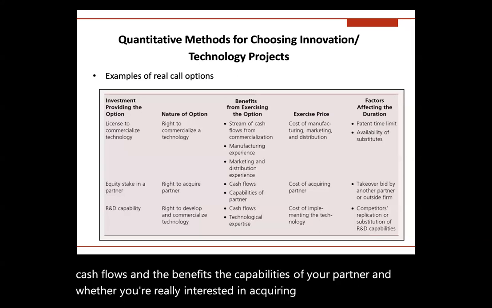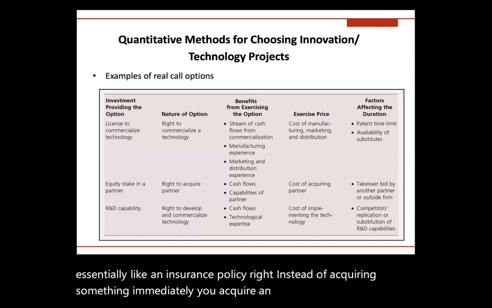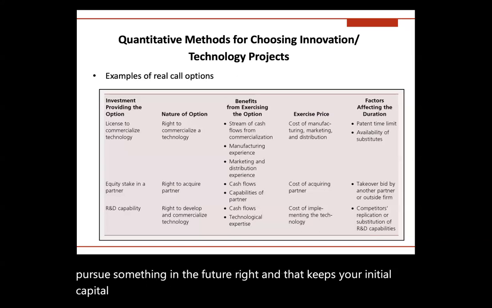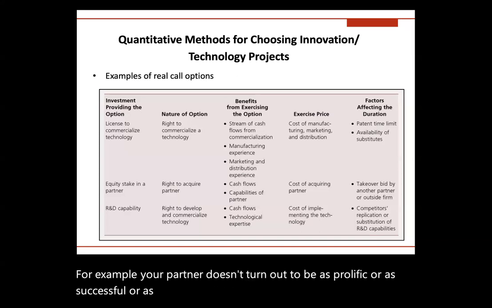But options are essentially like an insurance policy. Instead of acquiring something immediately, you acquire an option to acquire or to pursue something in the future. And that keeps your initial capital costs low. It reduces the risk if, for example, your partner doesn't turn out to be as prolific, as successful, or as capable as you thought.